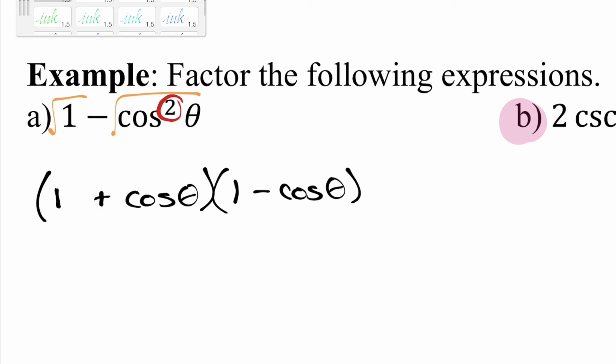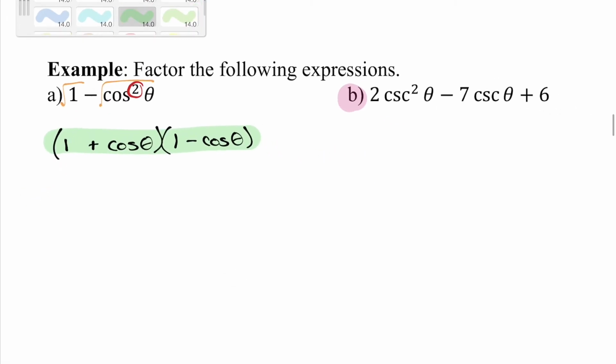So plus and minus. And then that's as far as we can go. We no longer have a cosine that is squared or any trig function that is squared. And we don't want to FOIL it back again because then we would be right back where we were originally.